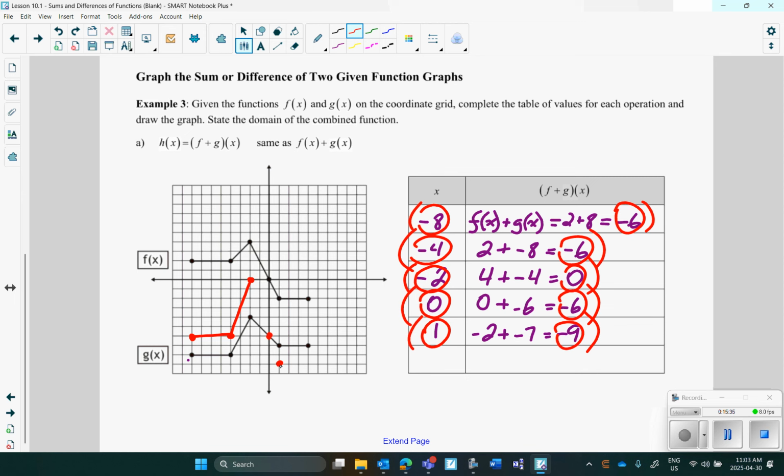And I think we can see where this one's going to go. At x equals 4, I get -2 plus -7 again, which is -9. And I get this. So it comes down like that. So that's the function of adding those two together.